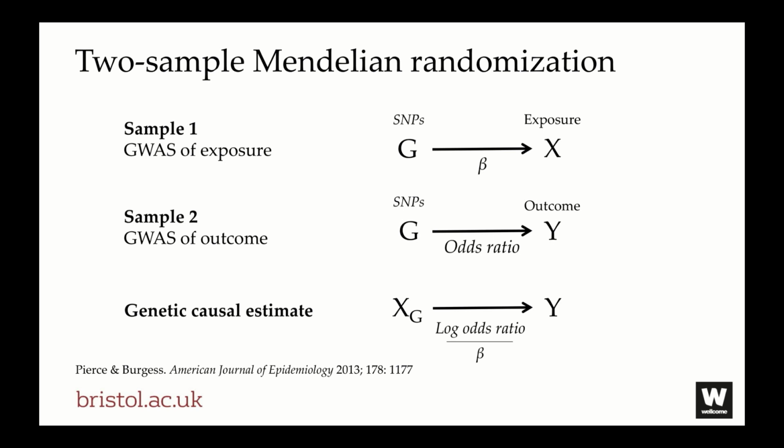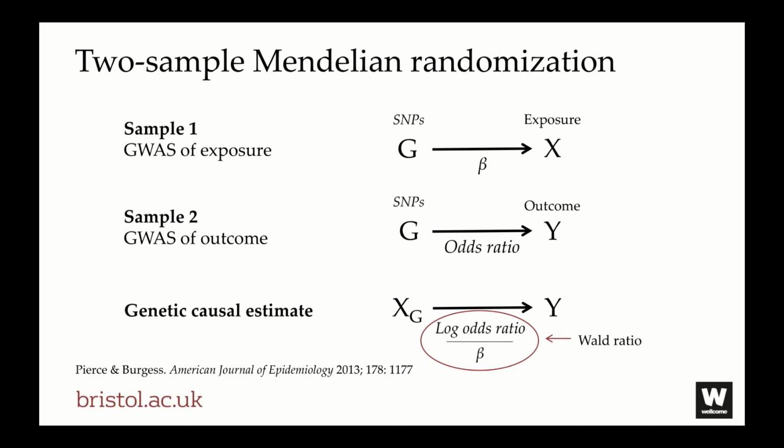Your causal effect estimate is essentially just a Wald ratio, the log odds ratio divided by the beta coefficient. If you have multiple SNPs, you can do that individually and meta-analyze them, and then you have your causal effect estimate through those genetically predicted exposure variations.